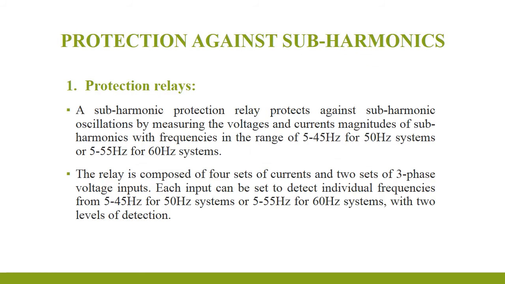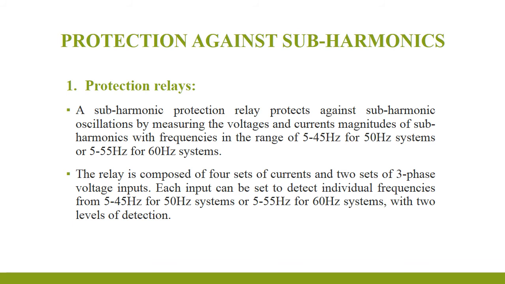Protection against subharmonics. Protection relays. A subharmonic protection relay protects against subharmonic oscillations by measuring the voltage and current magnitudes of the subharmonics with frequencies in the range of 5 to 45 Hz for 50 Hz systems or 5 to 55 Hz for 60 Hz systems.